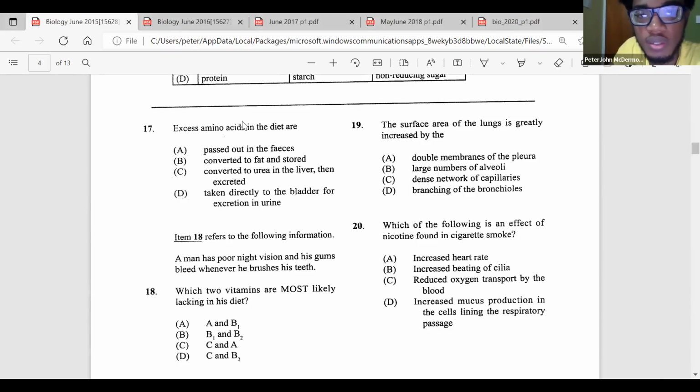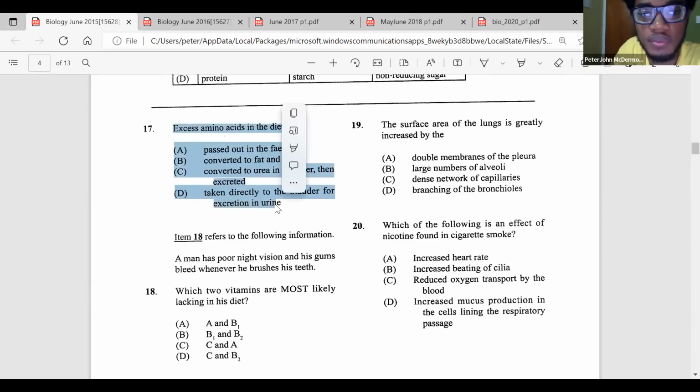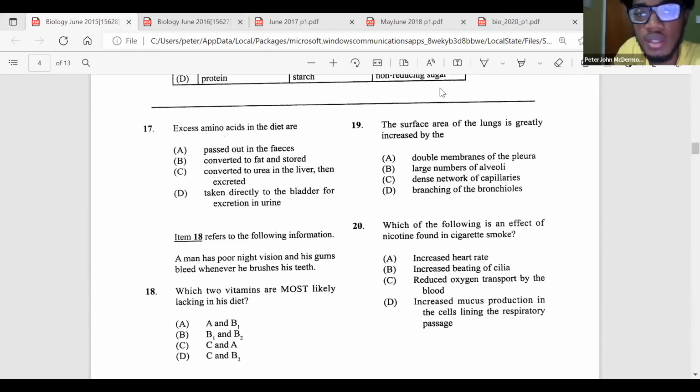We're at 17. So let's see, C. Everyone says C? All right, passed out in the feces.